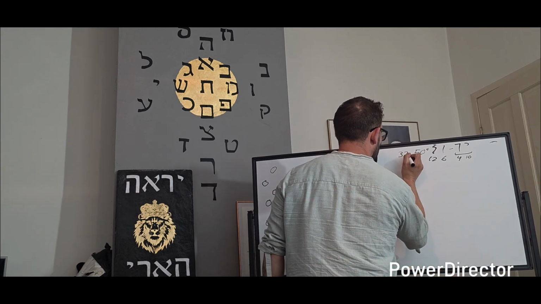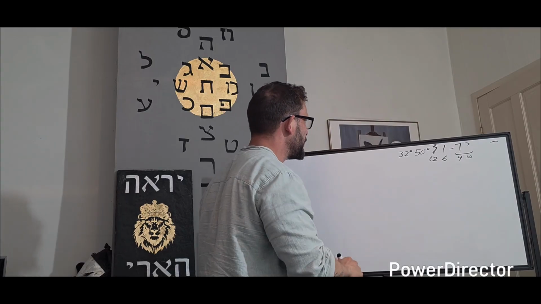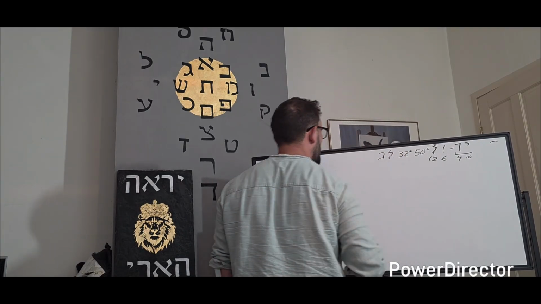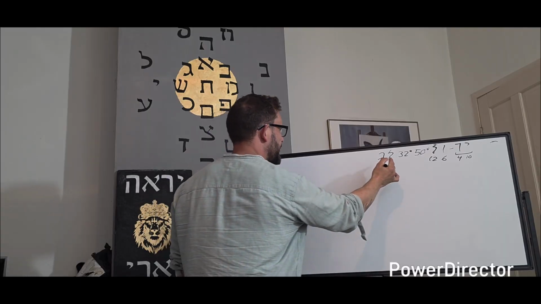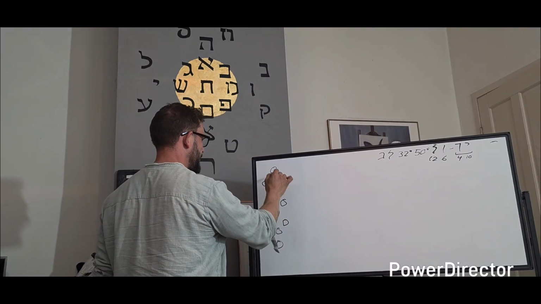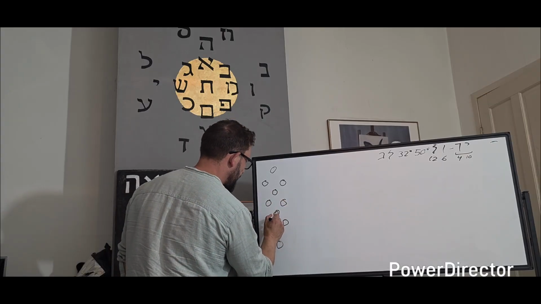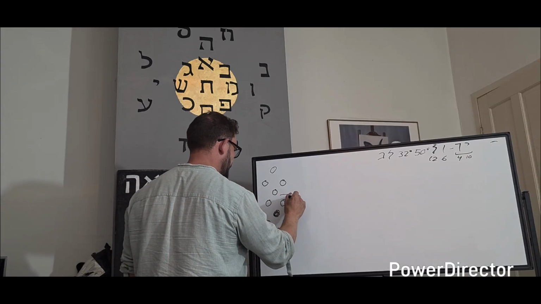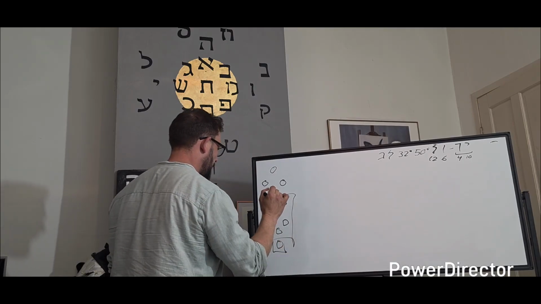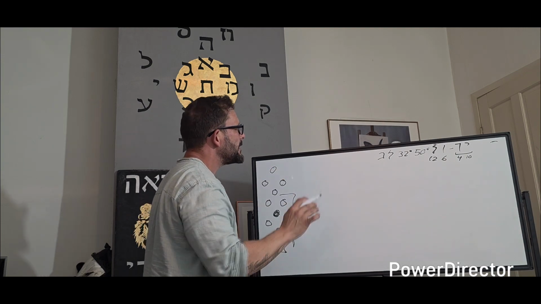32 paths of wisdom, but in this case, very important, it's Lev, because Lev is heart, and here's the heart, Tiferes. Keter, Chochma, Bina, Daas, Chesed, Gevura, Tiferes. This is the heart, it's the center of Zeir Anpin, right? That's the Nukva. So, Ima, Abba.